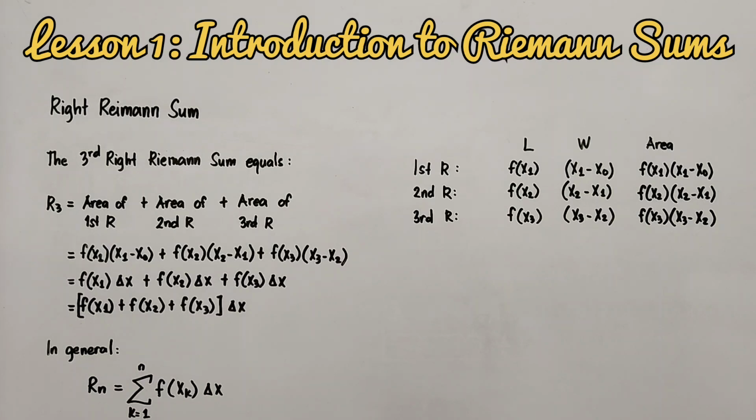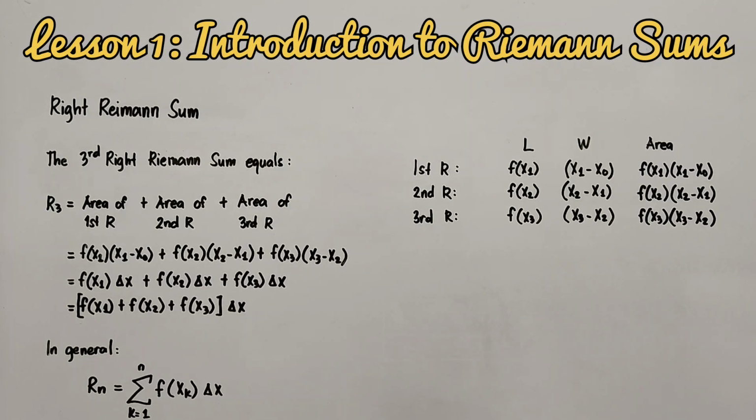And we will change the x sub 1 minus x sub 0 into the step size. So we have f of x sub 1 times the step size plus f of x sub 2 times the step size plus f of x sub 3 times the step size. And getting the common step size, we have f of x sub 1 plus f of x sub 2 plus f of x sub 3, and multiply everything by the step size.